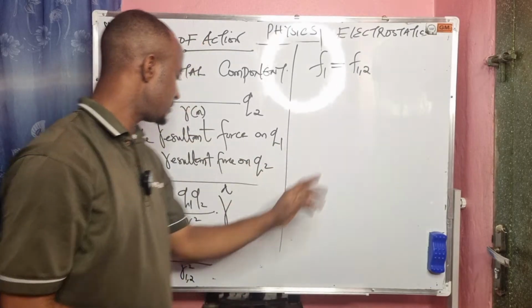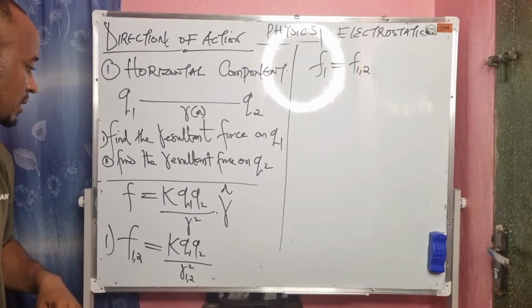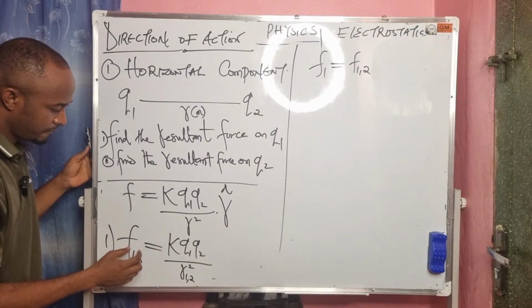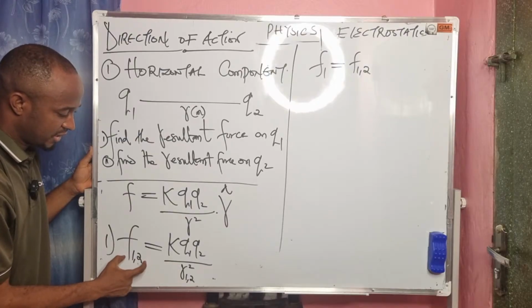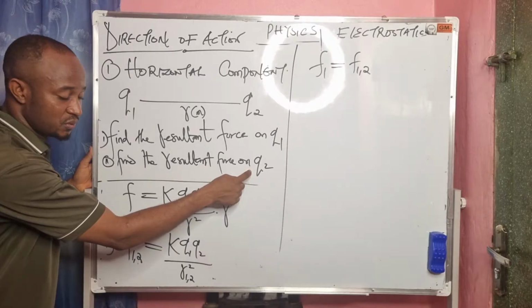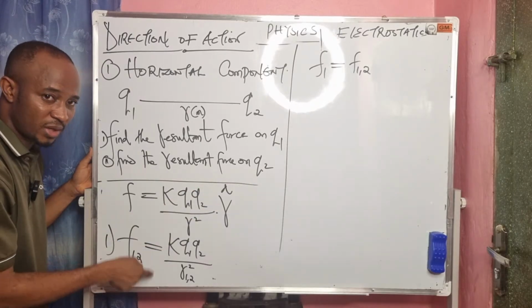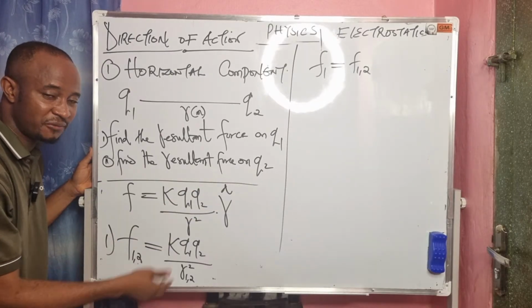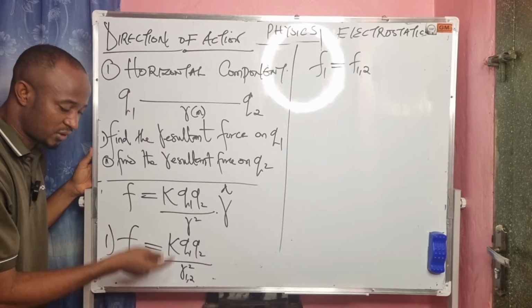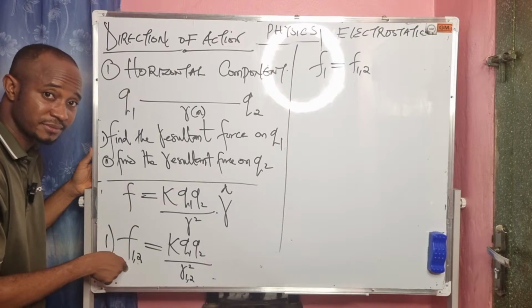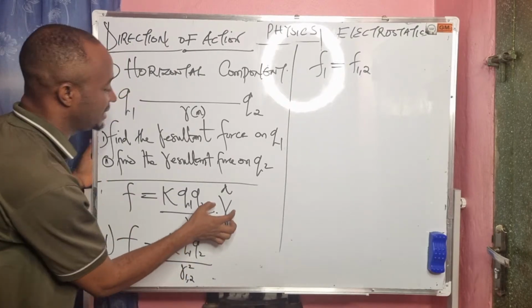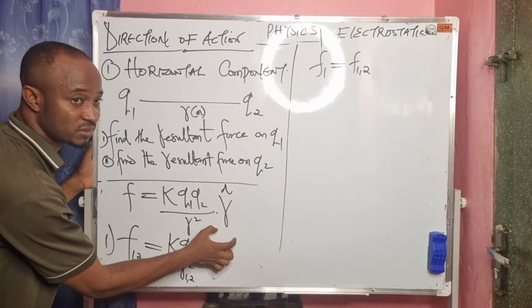If I'm to find the force on Q2, it will be F21, meaning from 1 to 2. Is that clear? So the next step is to define the direction of action.